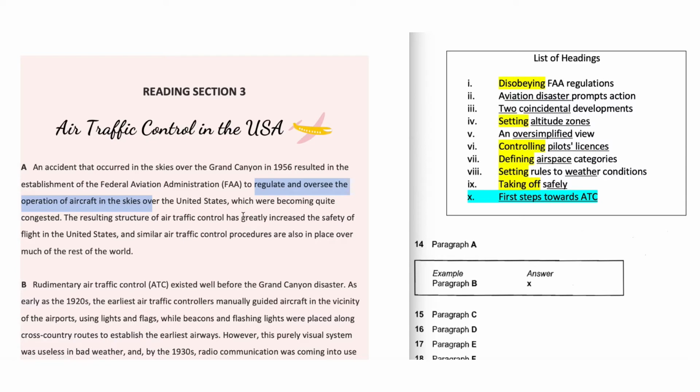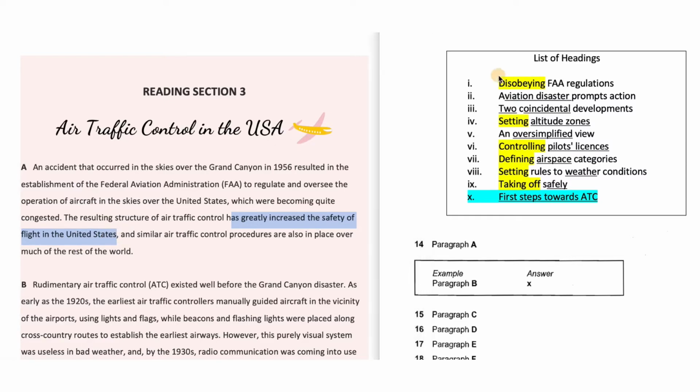And this has greatly increased the safety of flights in the United States even now. Now, if we look at the list of headings and go by exclusion, which is a technique that I really recommend, meaning read all of them and then say which one would fit and which one would not fit.